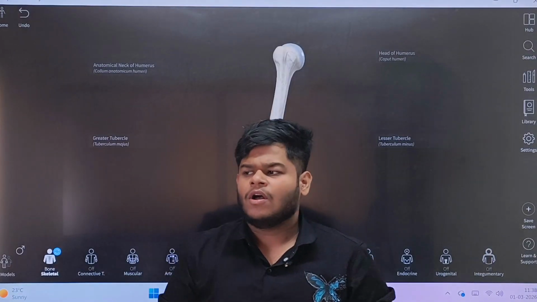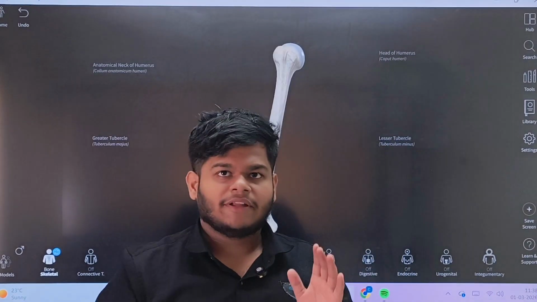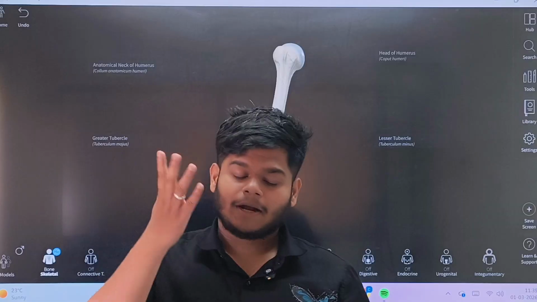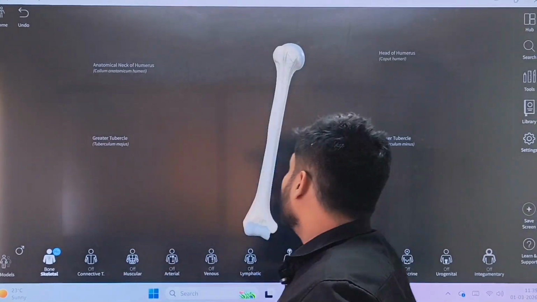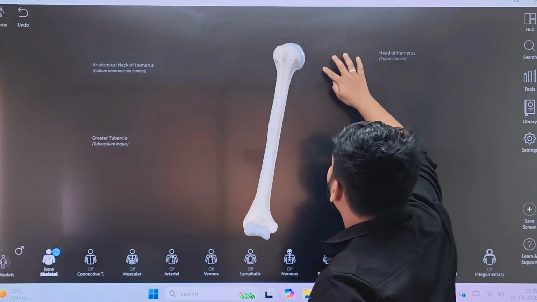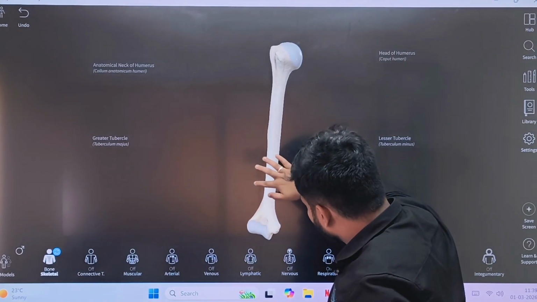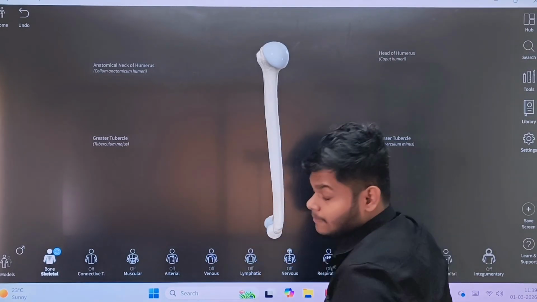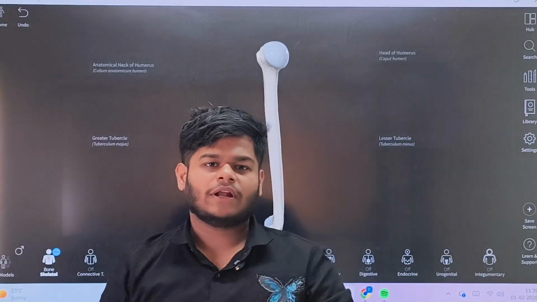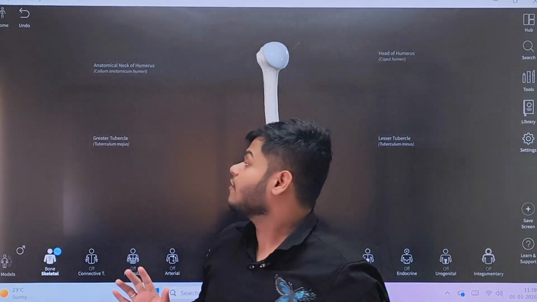If you want to see whether it is the upper part or lower part, always remember the upper part has a rounded head and the lower part is flattened.